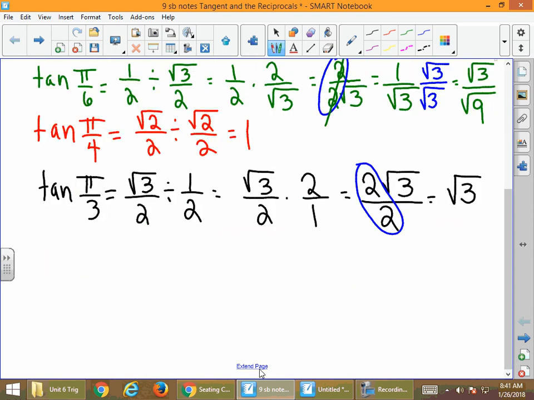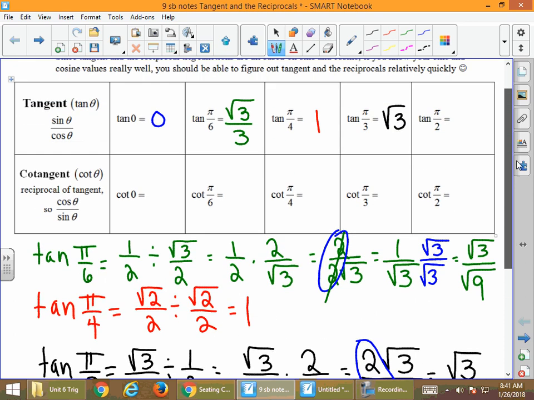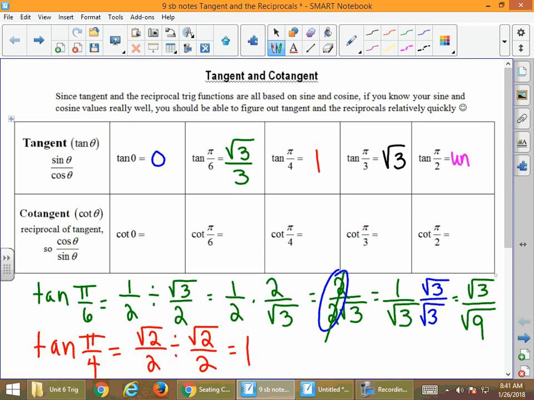So tangent of pi over 2 is going to be 1 divided by 0, which could also be written as 1 divided by 0 like that. And what do we get when we divide by 0? We get undefined. When 0 is underneath, the function is undefined. I'll have to abbreviate here just to fit that in.